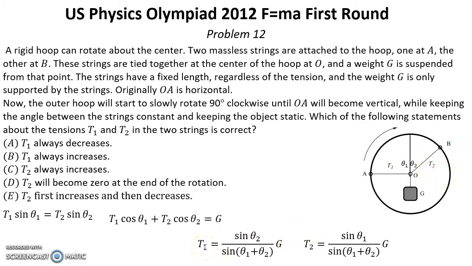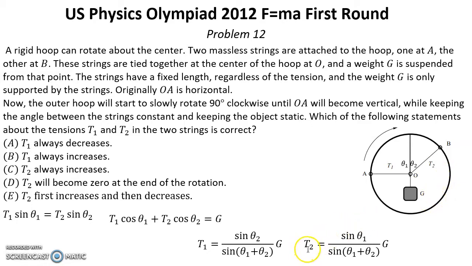And let's check what happens if the angles are changing. T1 starts from sine θ2. Initially it's increasing, and after θ2 reaches pi over 2 it starts to decrease.